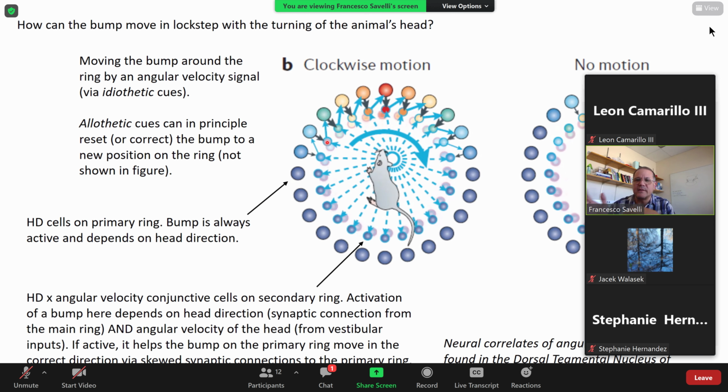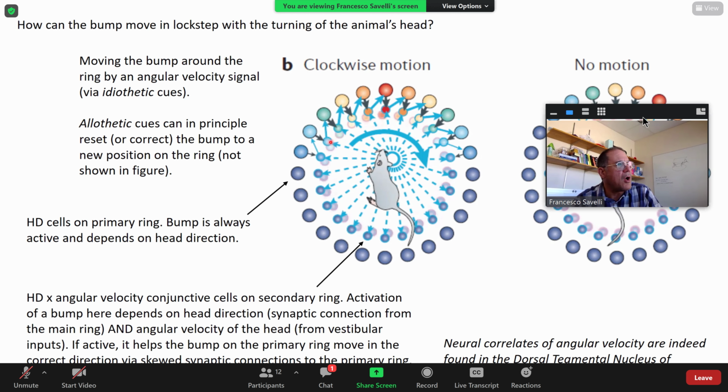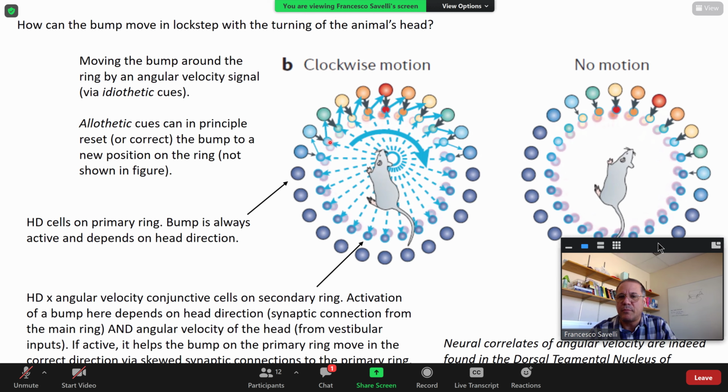Angular velocity. Like your angular velocity, right? You can move around. How fast are you spinning and in which direction? So if these neurons are sensitive to both the position and the angular speed in one direction, and they are connected in this skewed way, they can move the bump of activity, because they're also going to make a bump, this inner circle.